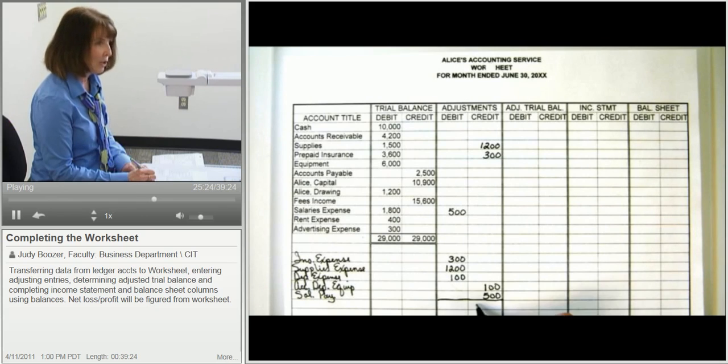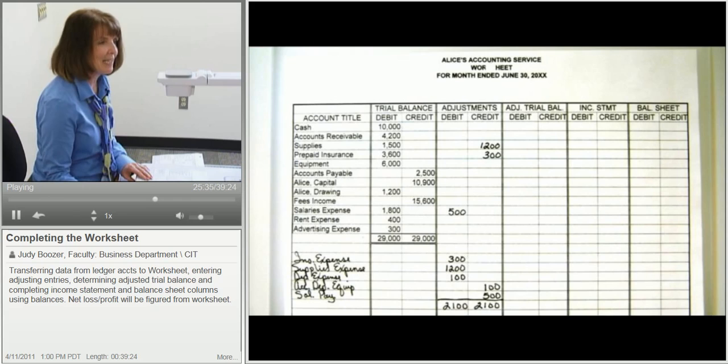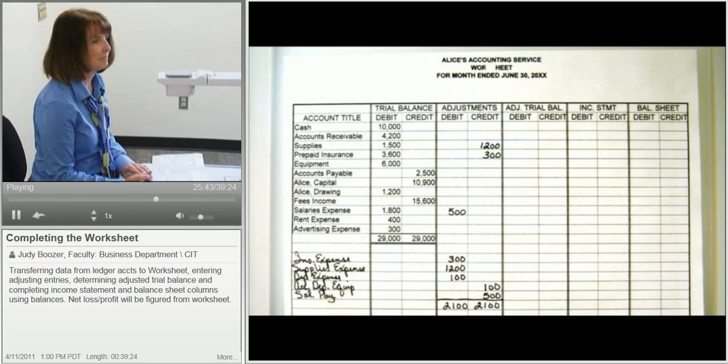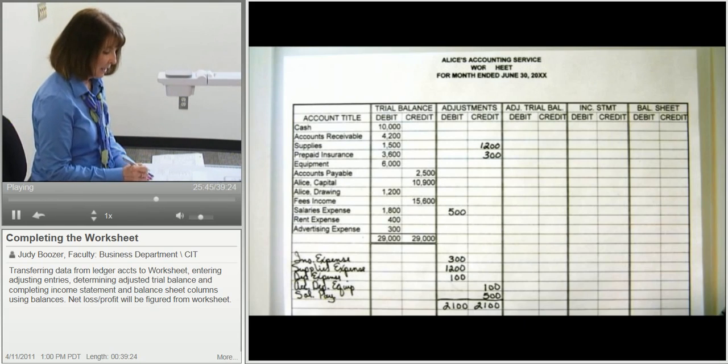And hopefully you'll match what I have. It's also a check to see if you've done it correctly. Now, what do you usually do when things are in agreement? Good. Double rule.